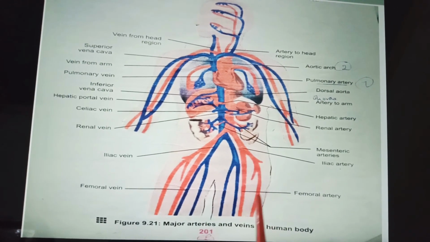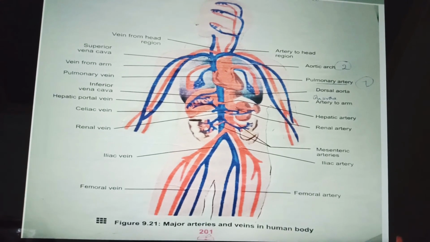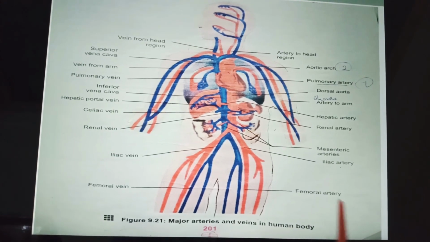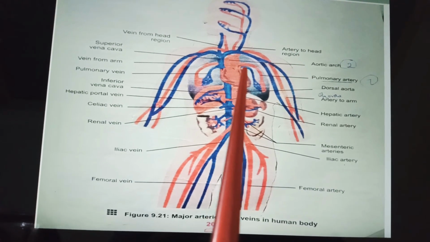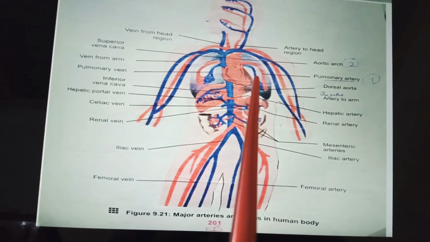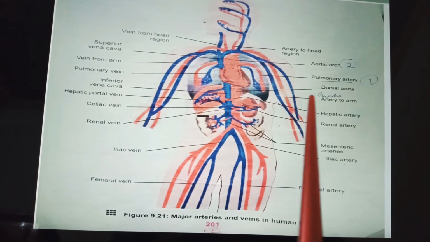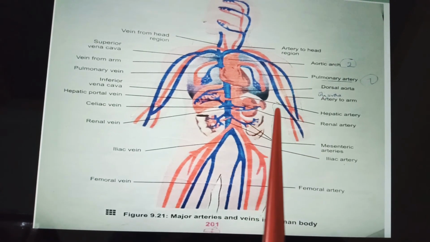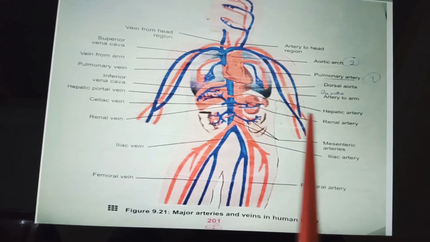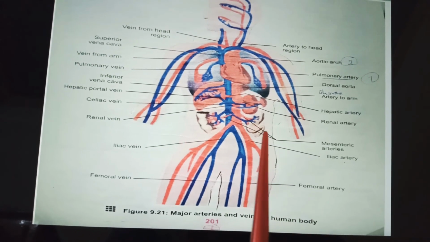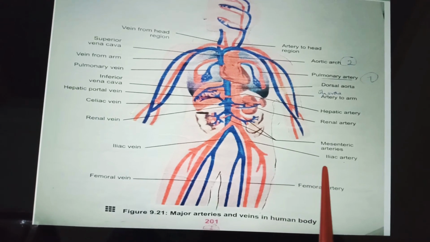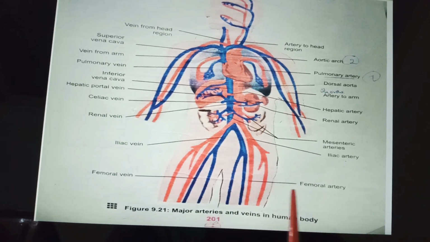I will discuss the major arteries and veins in the human body. Again, here is the aortic arch, here is the pulmonary artery, dorsal aorta, artery to the arm, hepatic artery, renal artery, mesenteric artery, iliac artery, and femoral artery.